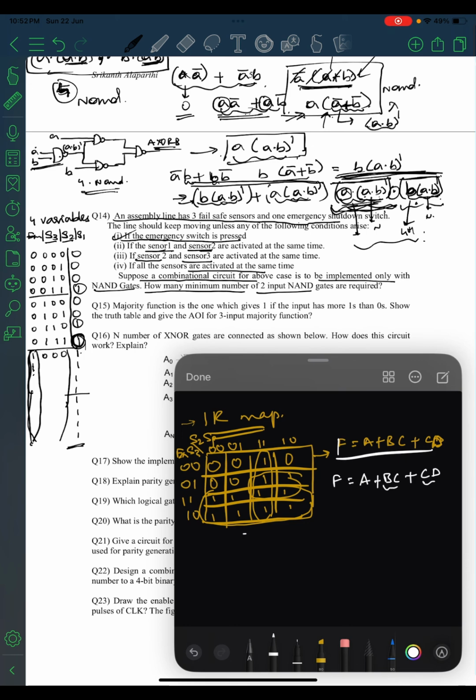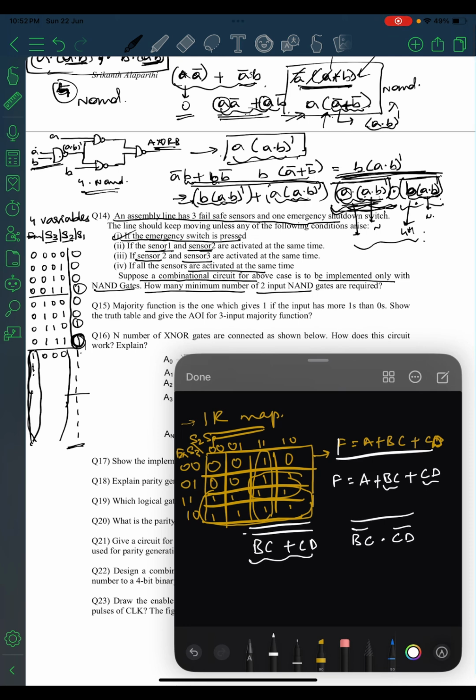If you look into BC plus CD, if you do like this, now BC bar dot CD bar and whole bar.